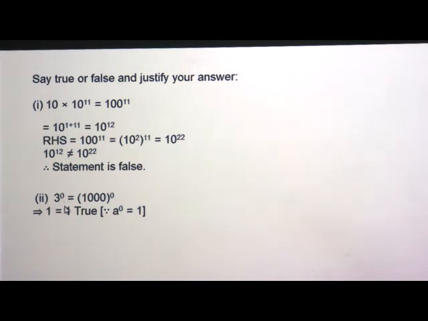It is a variable, so it may vary. Now, 3 raised to the power of 0 is nothing but 1, and 1000 raised to the power of 0 is also 1. So, 1 is equal to 1, that is, left hand side 1 and right hand side 1. So, we can say that the statement is true. So, we have justified when the statement is true as well as when the statement is false, and given the answer.